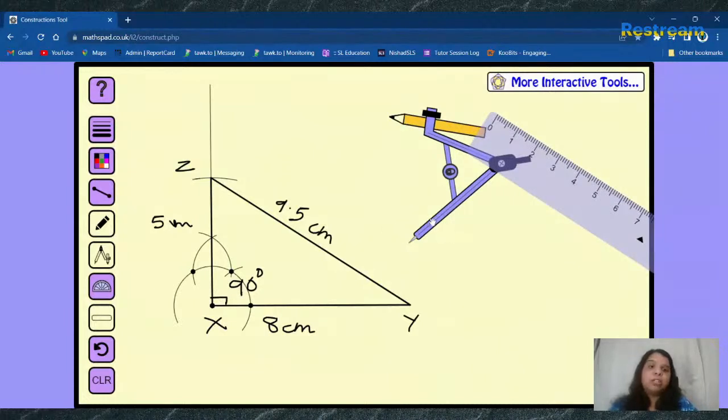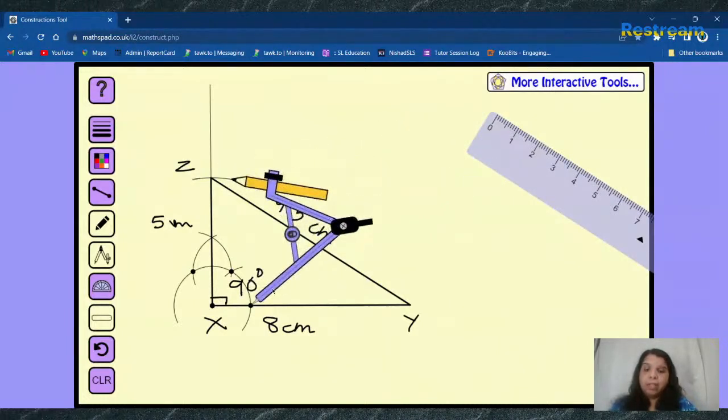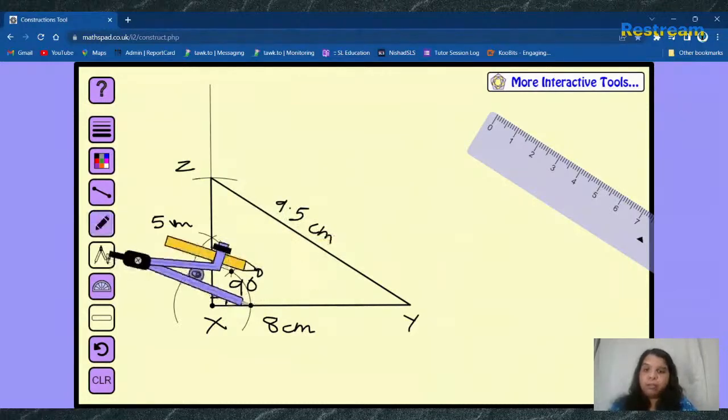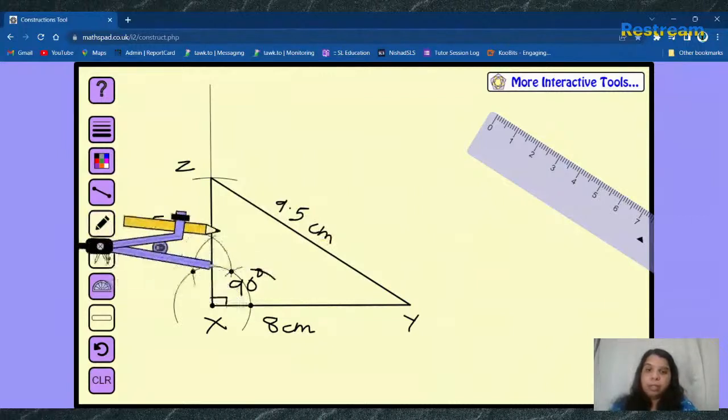ZXY, that means they want us to bisect our 90-degree angle. Now we already have these points. So all we have to do is make an arc here, then keep it at this point and make an arc.